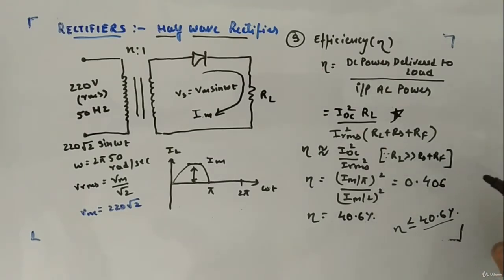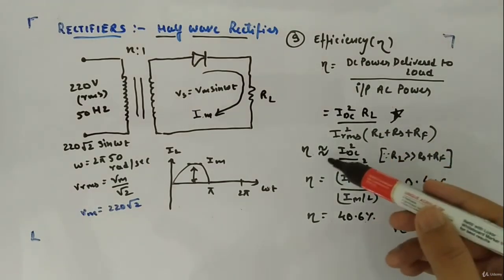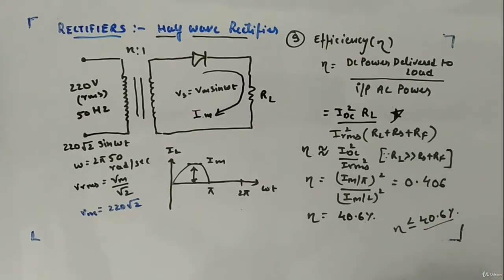But at max, RL will be very much greater than the sum of these two resistances, RS and RF, and in that case it is almost equivalent to saying eta is equal to IDC square divided by IRMS square, and you will get 40.6%.